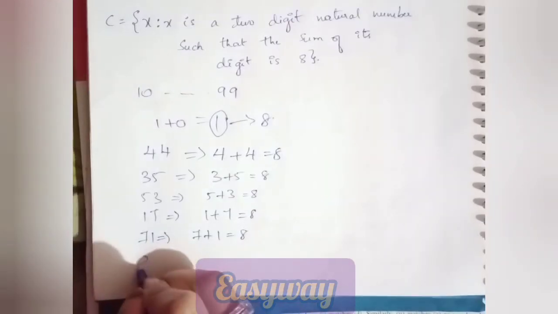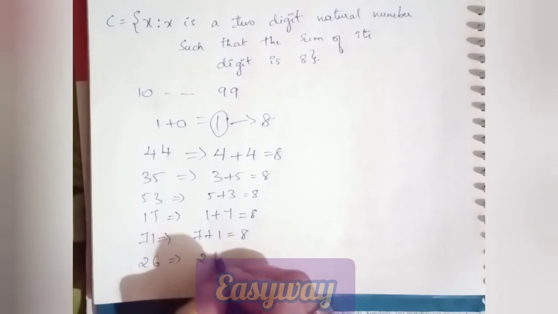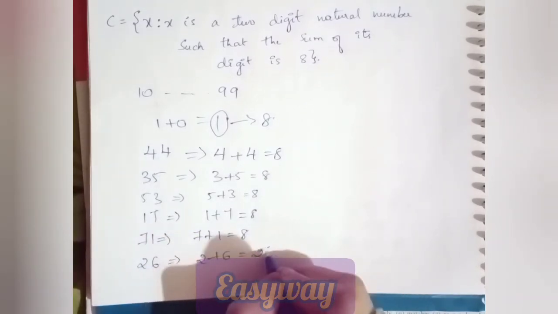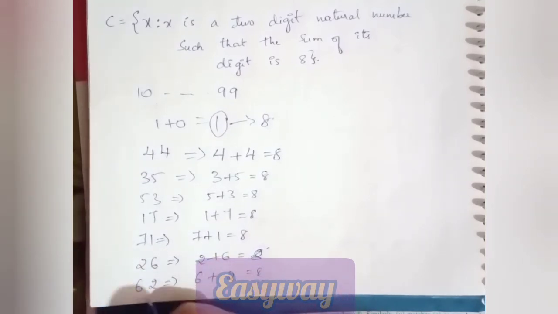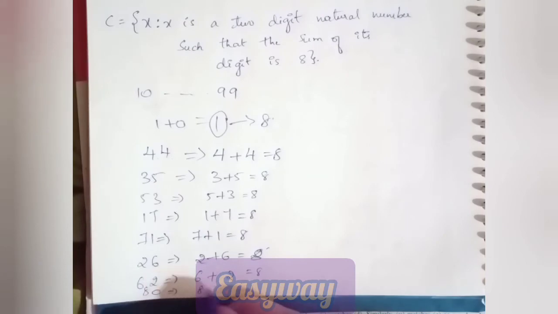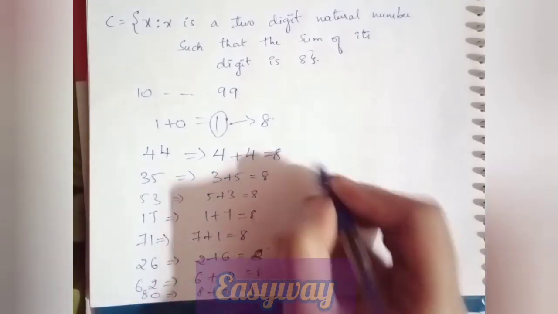Next we get 26, that is 2 plus 6 equals 8. 62, 6 plus 2 equals 8. Then 80, 8 plus 0 equals 8.